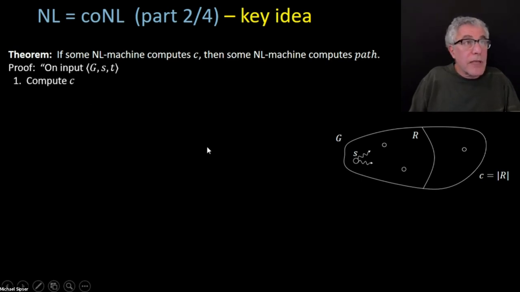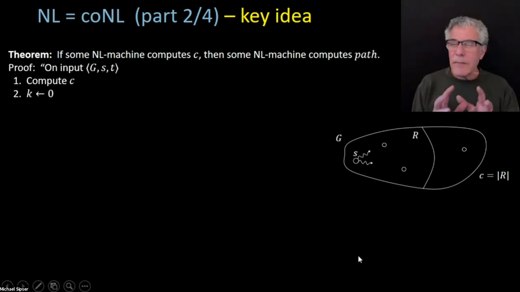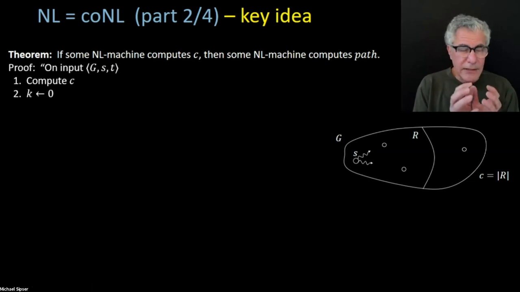Okay? So here is my non-deterministic algorithm for computing path. First, I'm going to compute C, or let's say C is given. And now, maybe the best thing to do is to give you the idea up front.